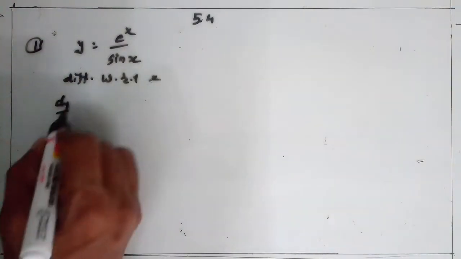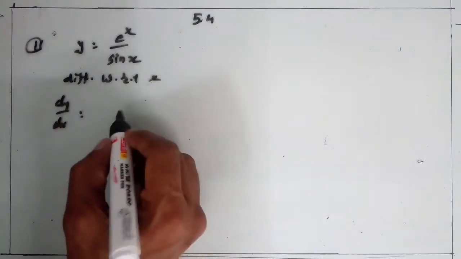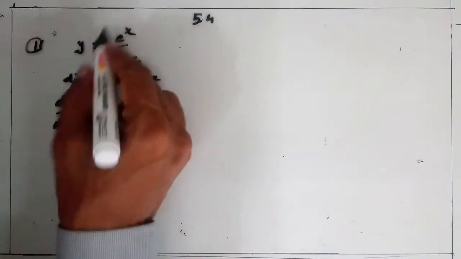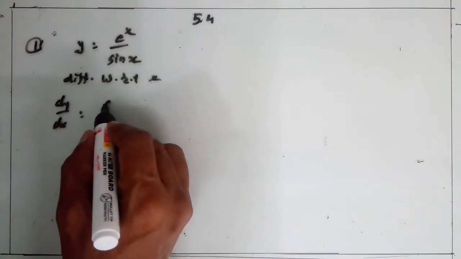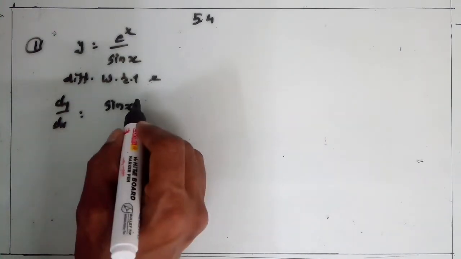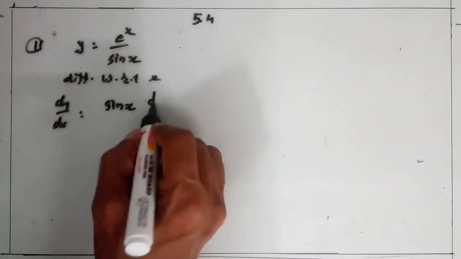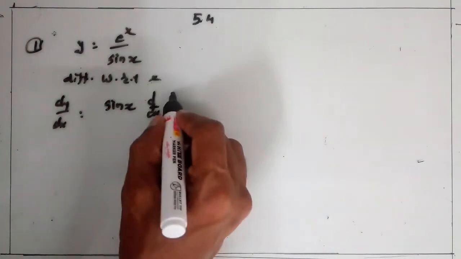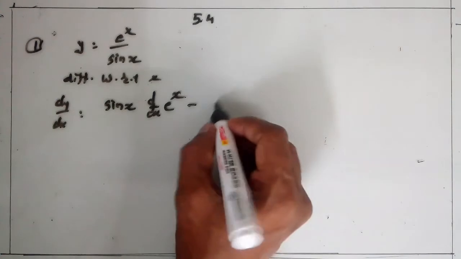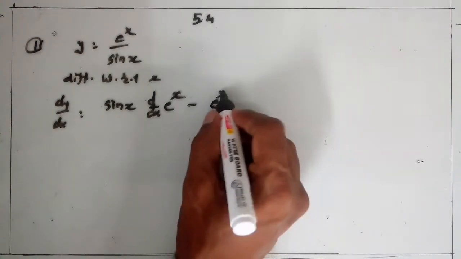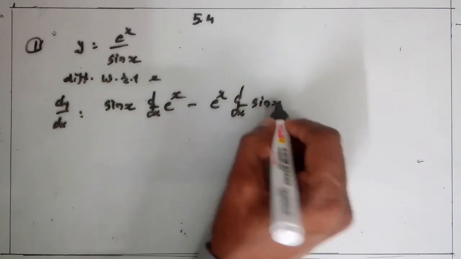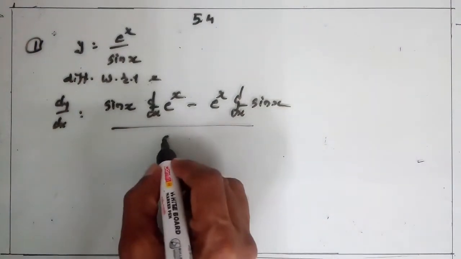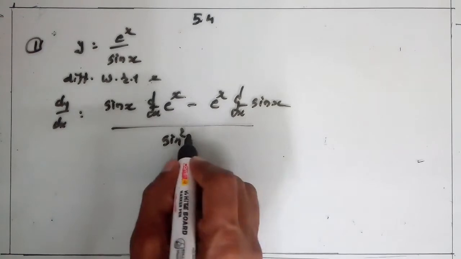We get dy/dx is equal to, apply the division law: first the denominator sin x into the derivative of the numerator e raised to x, minus the numerator into the derivative of the denominator sin x. Clear? Upon denominator square, that is sin square x.